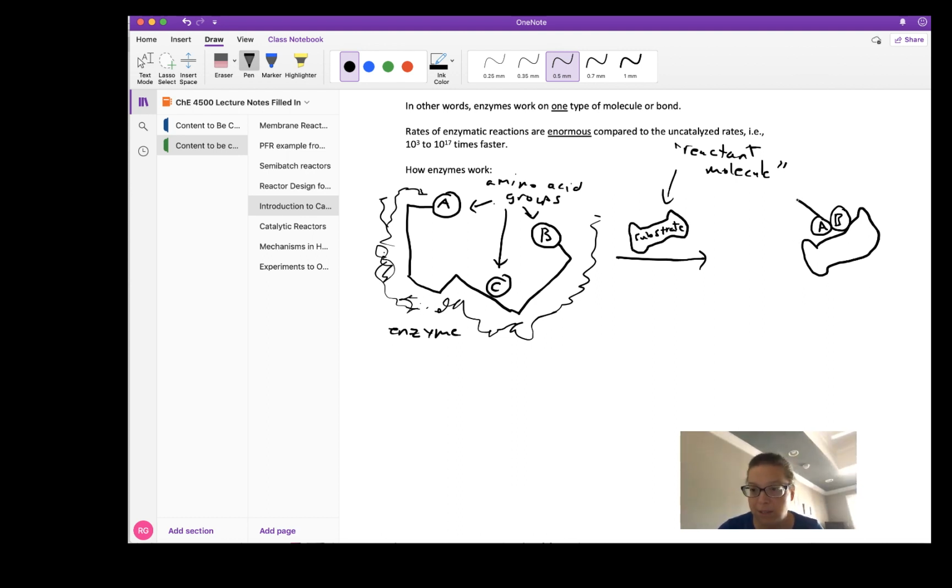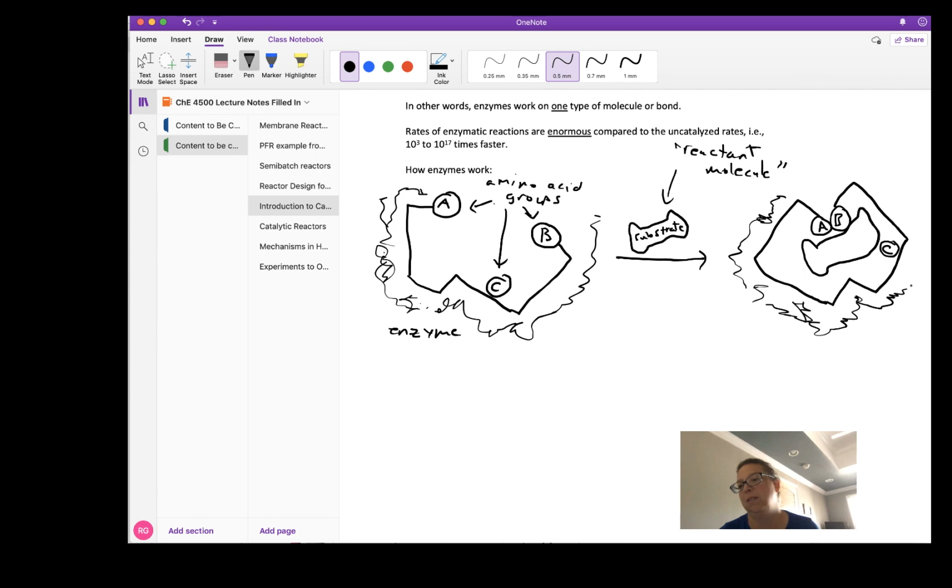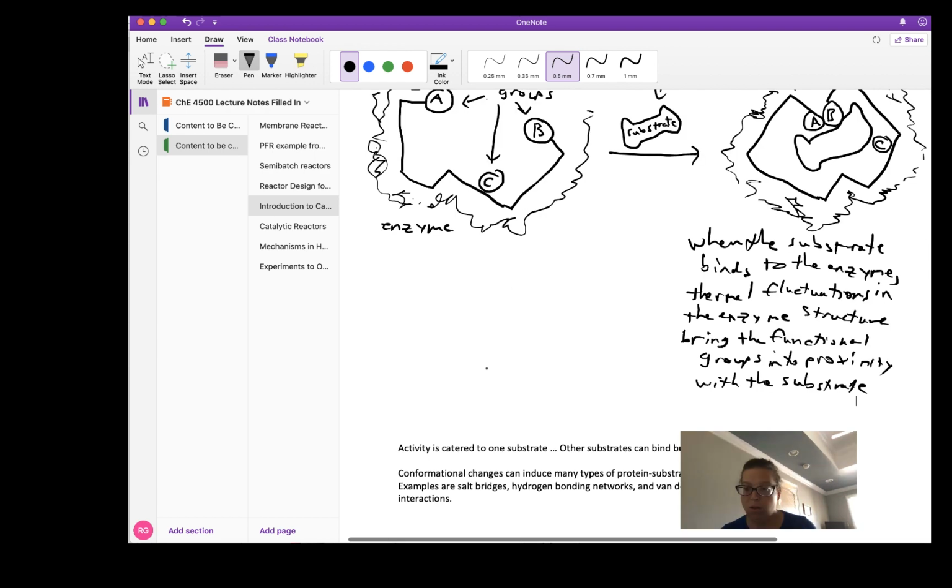What the enzyme is going to do is it's going to bend and vibrate and move, so that the amino acid groups are going to interact with this substrate. And so then again out here, this is this big solid thing. So it's a protein structure. Just draw this out here to kind of acknowledge that.